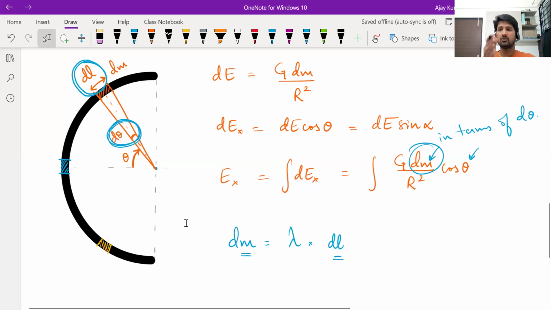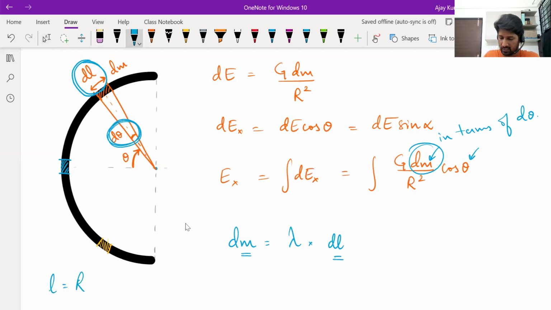And we know how length of an arc and the angle subtended by it are related. L is equal to r theta, or you can write dl, small length, is equal to r into small angle d theta. That is how you get mass in terms of d theta. Therefore, dm is lambda r d theta.